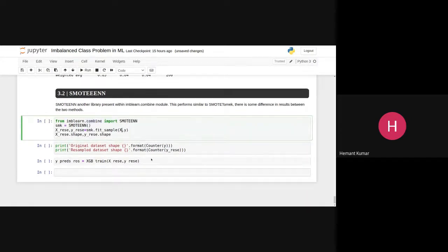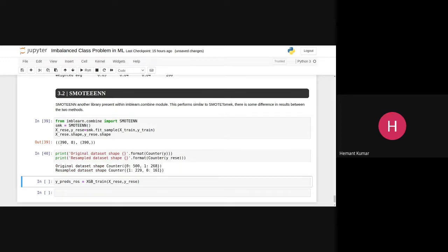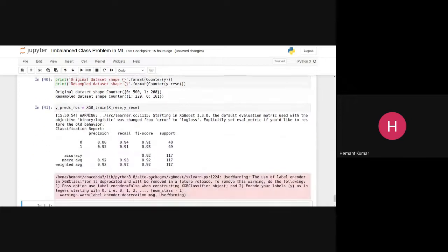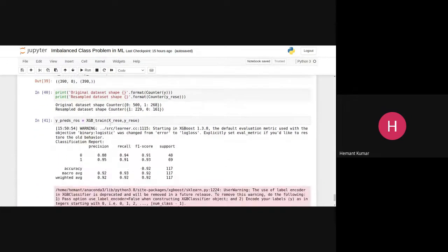It is X train and Y train. Now the samples are reduced, then we apply some improvement or upsampling. So in that case it is the SMOTE-ENN algorithm.